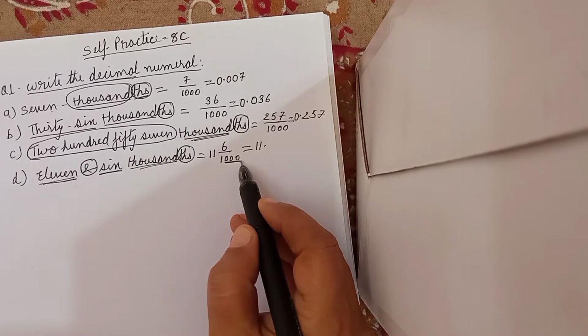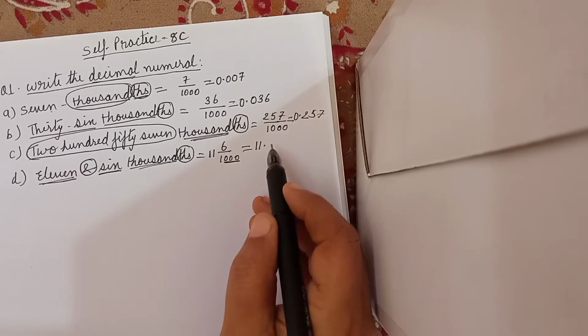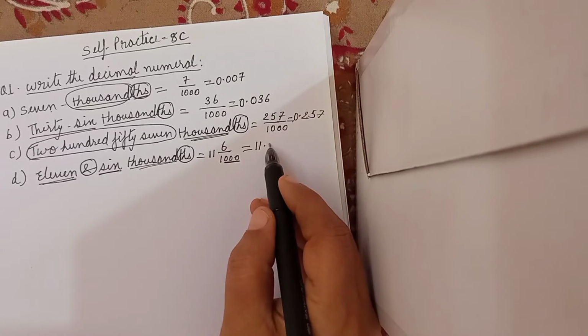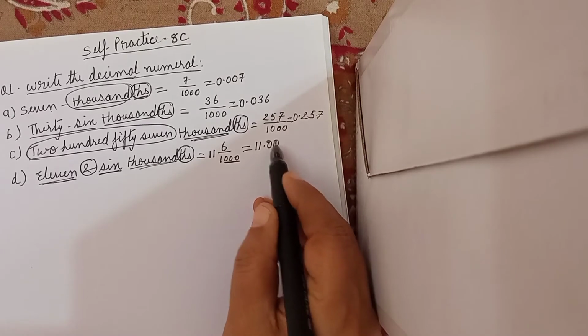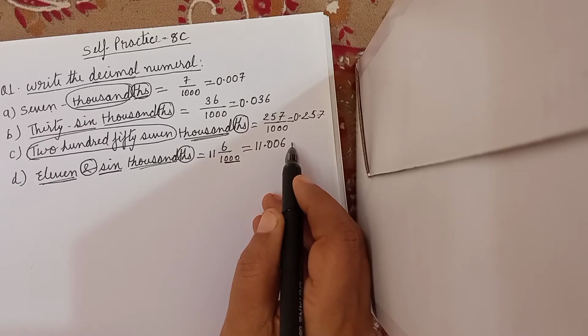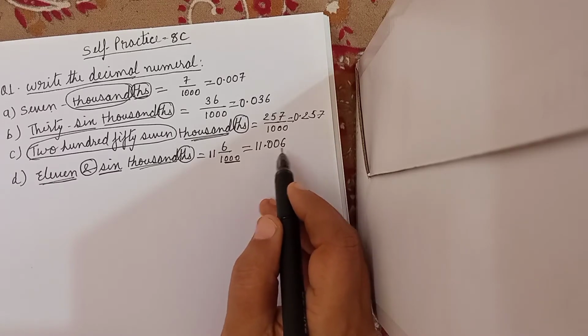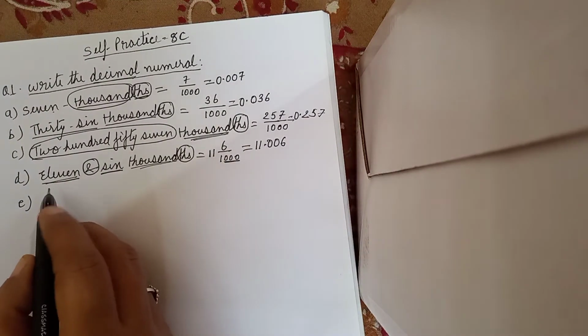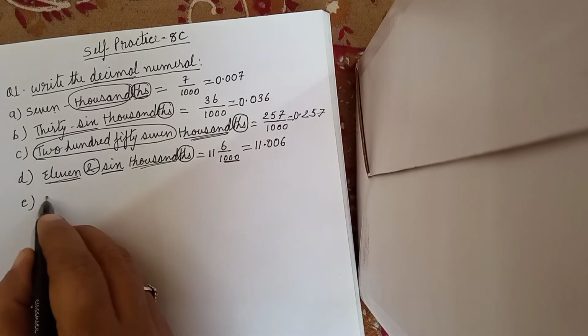How can you make it? By putting the 0 before the digit. So here we will put 0 0 6. See, after the point there are 3 digits, so this is the answer: 11.006.